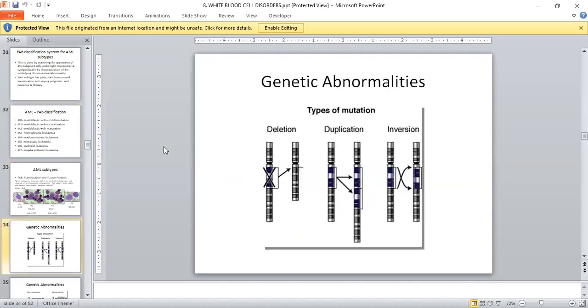Related to that, genetic abnormalities are responsible for the mutation of the myeloid precursors to form the myeloblasts.